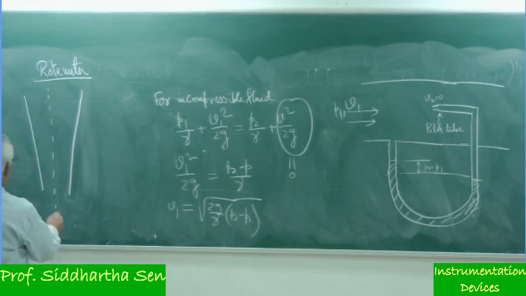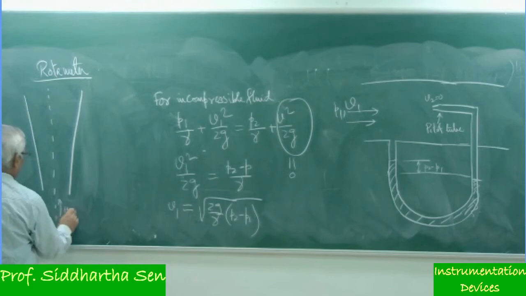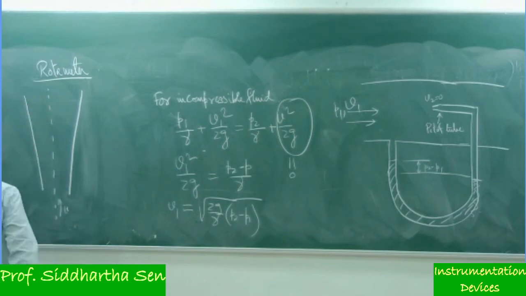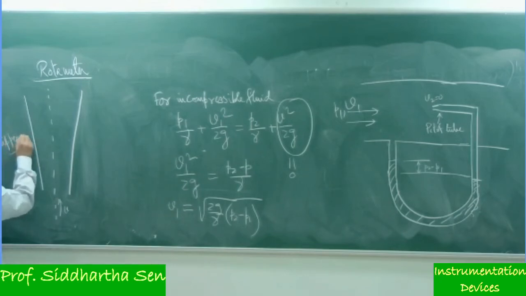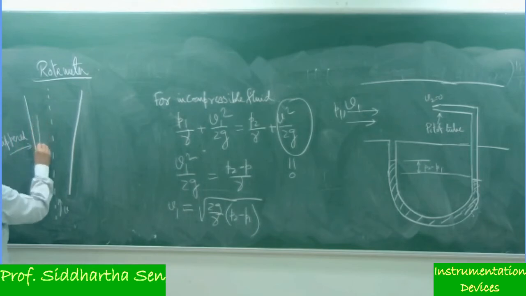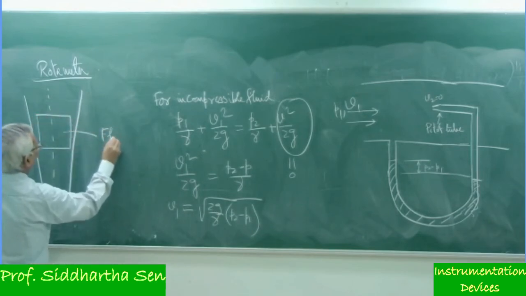So if we look at it, a rotameter is a vertical tube, and it is tapered. And here there is a float.